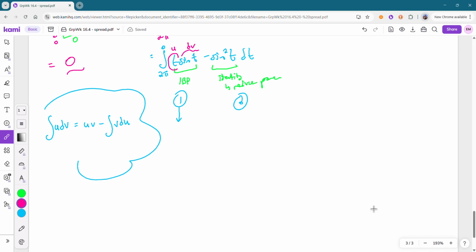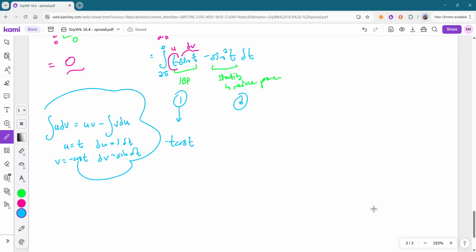So feeding in, we're going to get u times v. If u is t, then du is just 1 dt. And if dv is sine t dt, then v for us is going to be negative cosine t. And so u times v is going to be negative t cosine t.